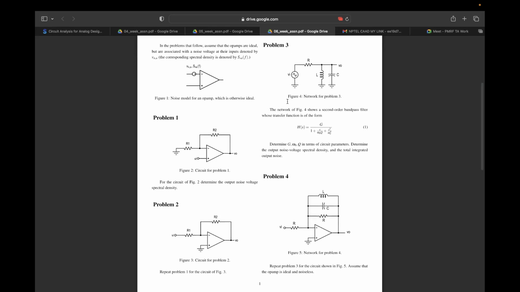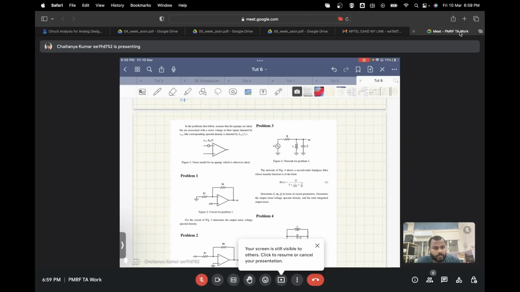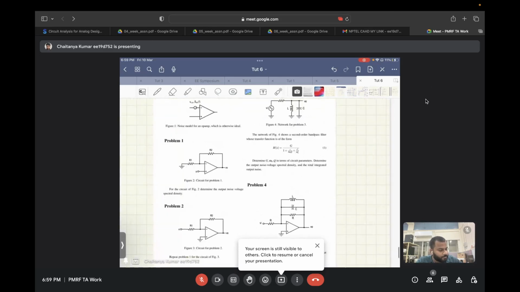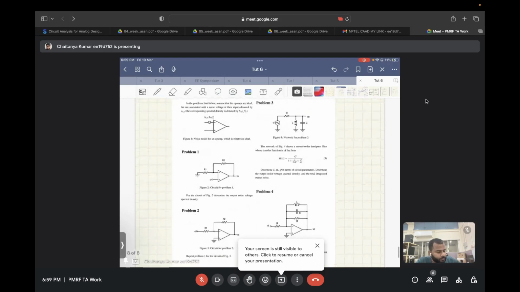Question number 1, sir. Sir, or else can I mail my solution? You can see where I made a mistake and I will correct it. Okay, you can do that. Yes, I will mail it to you.